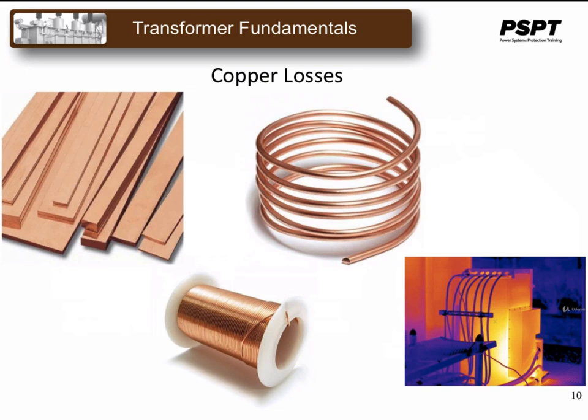Not only that, when a load is connected to the transformer secondary windings, large electrical currents flow in both the primary and the secondary windings. Electrical energy and power, or I squared R losses, occurs in the form of heat. Generally, copper losses vary with the load current, being almost zero at no load and at a maximum at full load when current flows at a maximum.